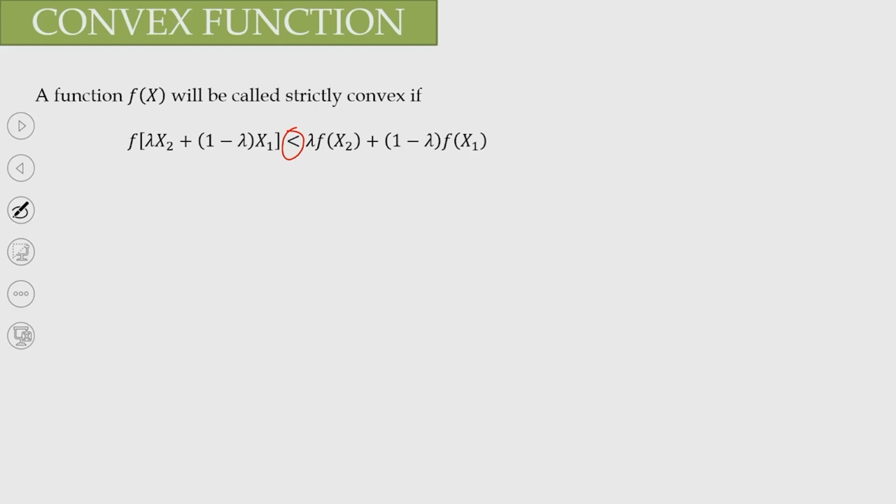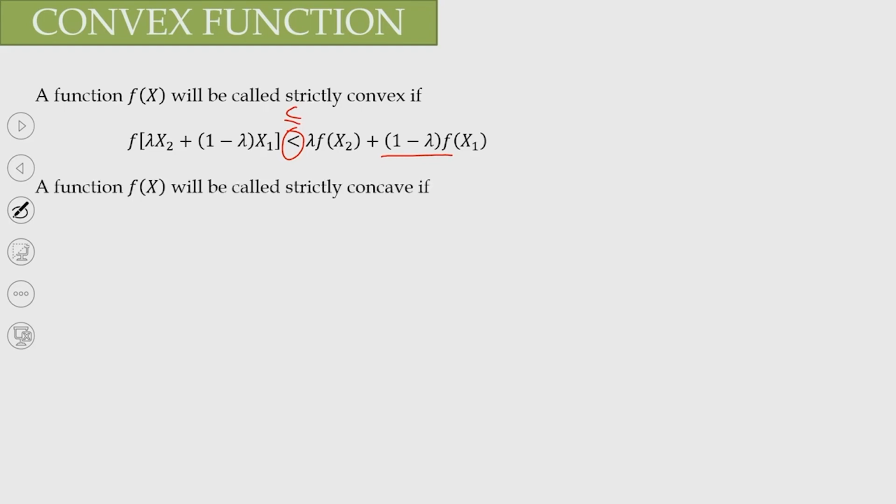That means f of lambda x 2 plus 1 minus lambda x 1 is less than lambda f of x 2 plus 1 minus lambda f of x 1. If it is only less than, then it is a strictly convex function, or otherwise if it is less than or equal to, then it is a convex function.